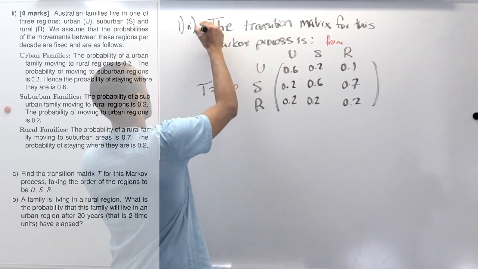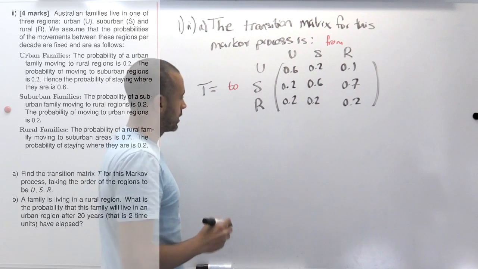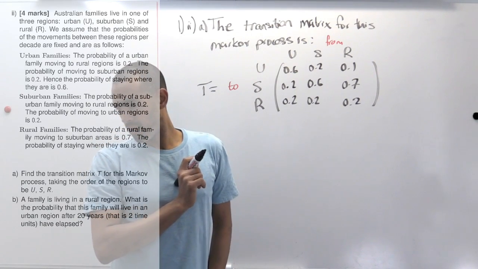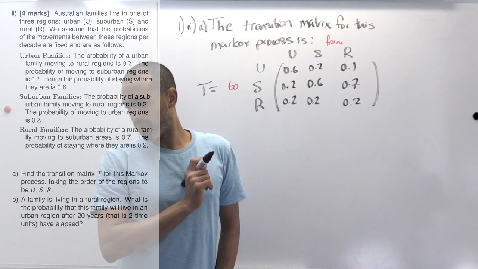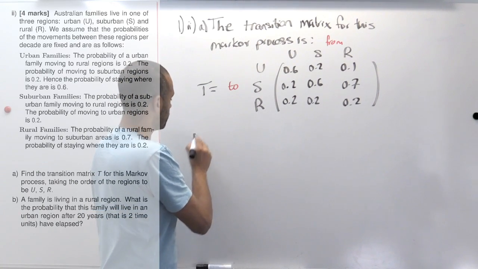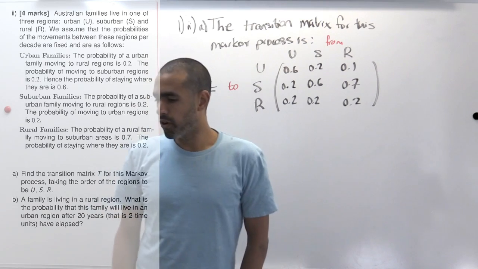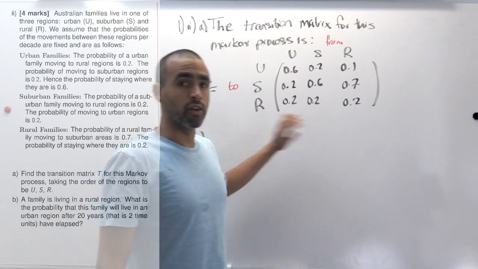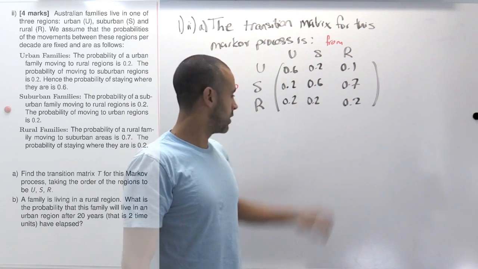So let me look at that properly. So that's part A. And now let's think about part B. So this is the transition matrix after a decade. Here the time step T is a decade.